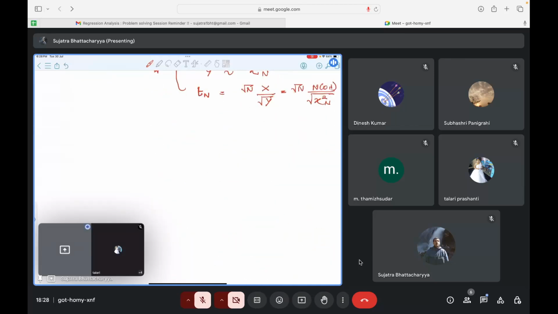One more thing I remember, which may be helpful. If you have X as some random variable, it will have some distribution.